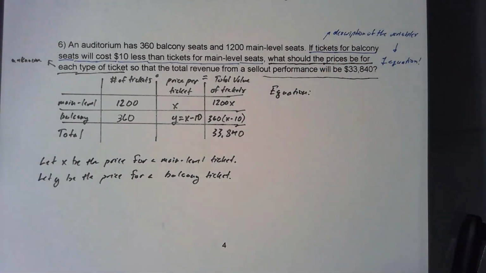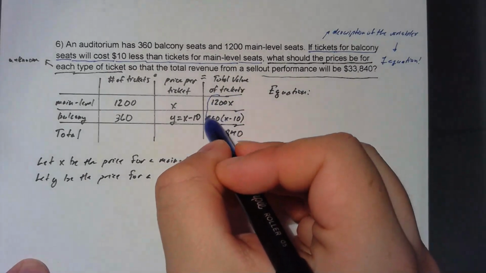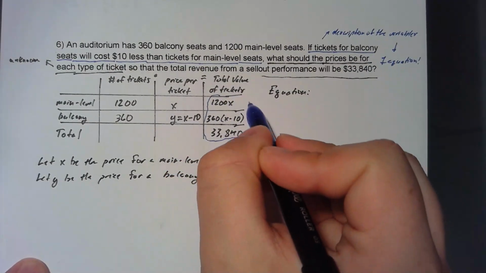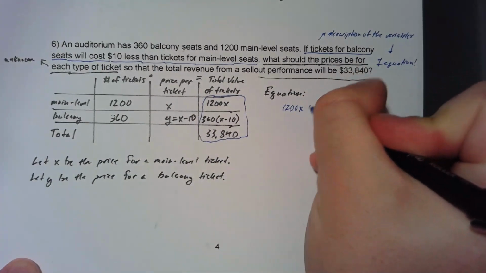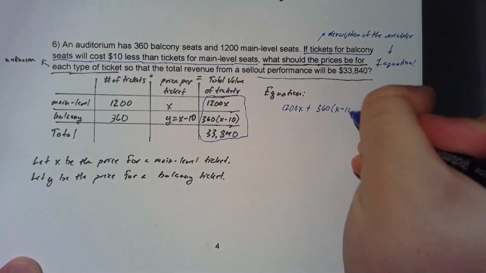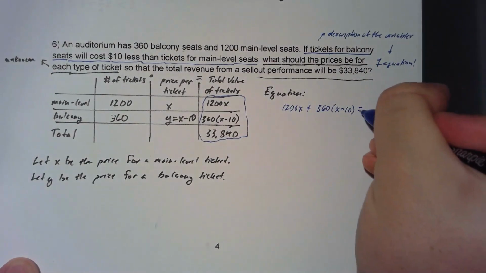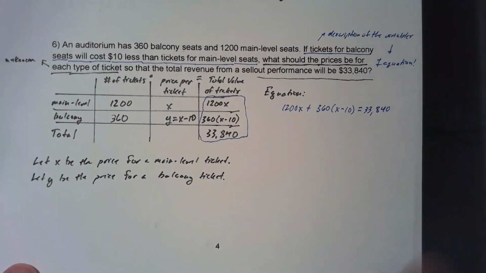So my equation, and I'm only getting one because of this relationship right here, is this column. So my equation is going to be 1,200X plus 360 times the quantity X minus 10 equals 33,840.